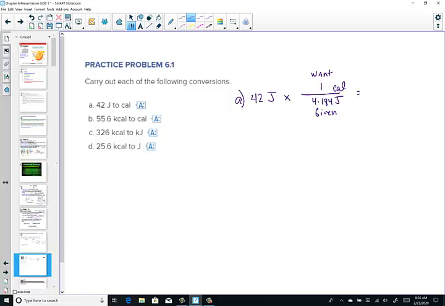So you divided. You said 42 divided by 4.184. And you found your screen said 10.038. But remember, we're considering sig figs, so I'm going to write 10 with a decimal point to make sure that's 2 sig figs, and my unit there is calories.